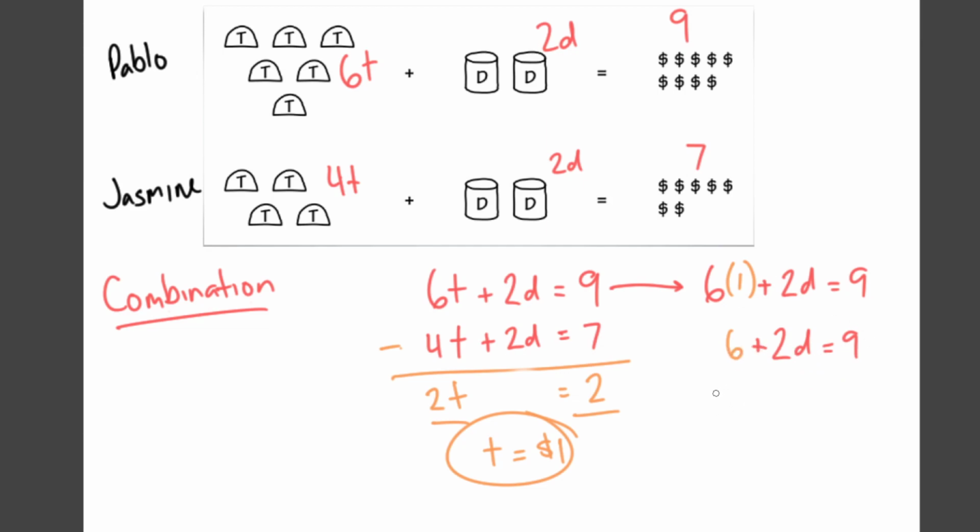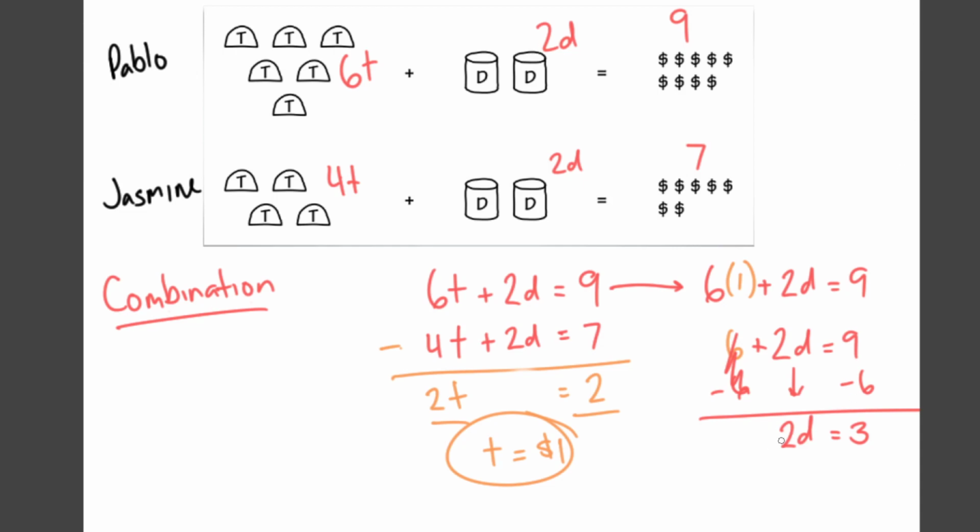From here, I'm going to subtract 6 from this side and from this side. This cancels out. 9 minus 6 is going to give me 3 is equal to, nothing happened with the 2D, so this comes straight down, giving me 2 times drinks is $3. Cool.